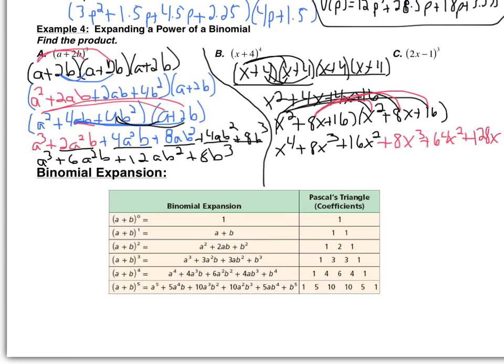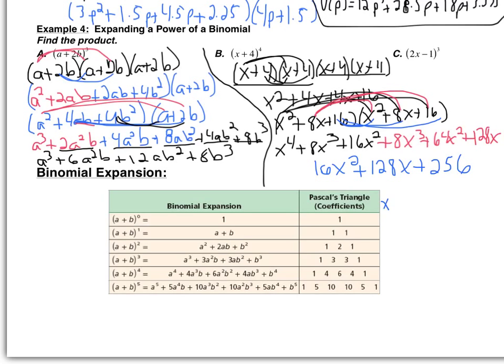And then we have our last, so 16 times x squared is 16x squared. 16 times 8 we have 128x again, and 16 times 16 plus 256. And then we can combine like terms.